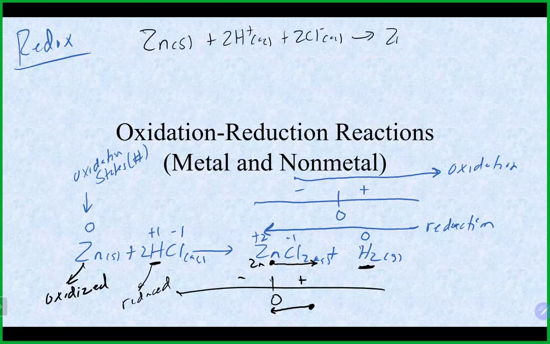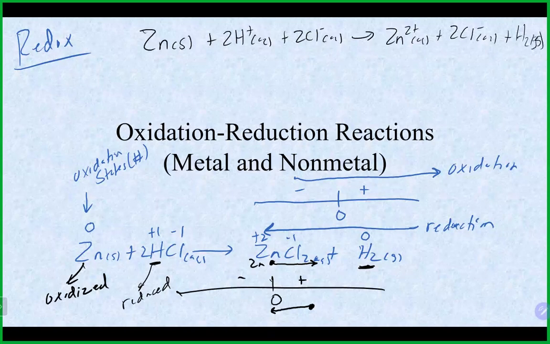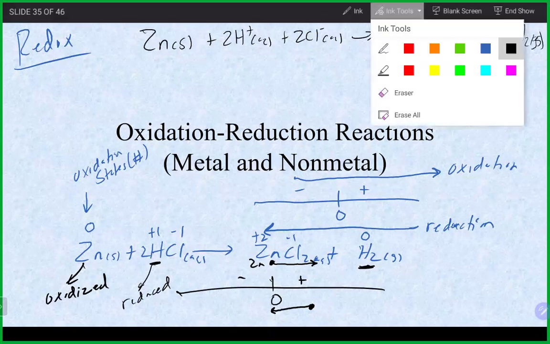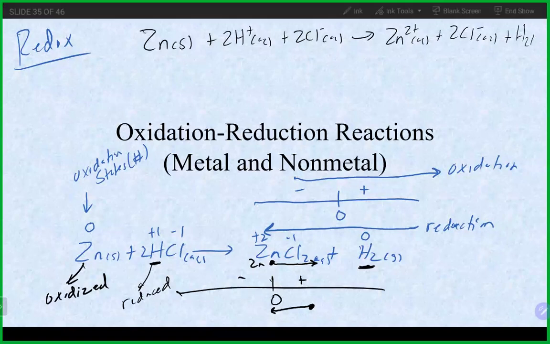The zinc chloride will break apart, as it's a strong electrolyte, into zinc and a couple of chlorides. And our hydrogen, which is a gas, will stay together in this case. It will not break apart. And this would be really the total ionic equation in this example here.